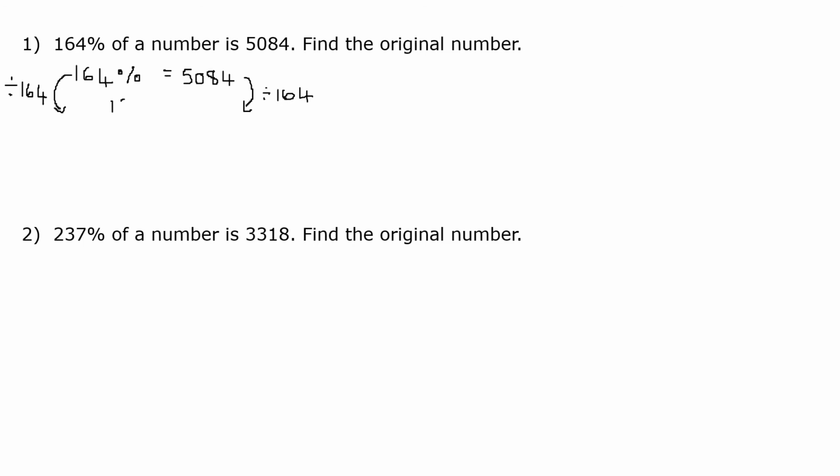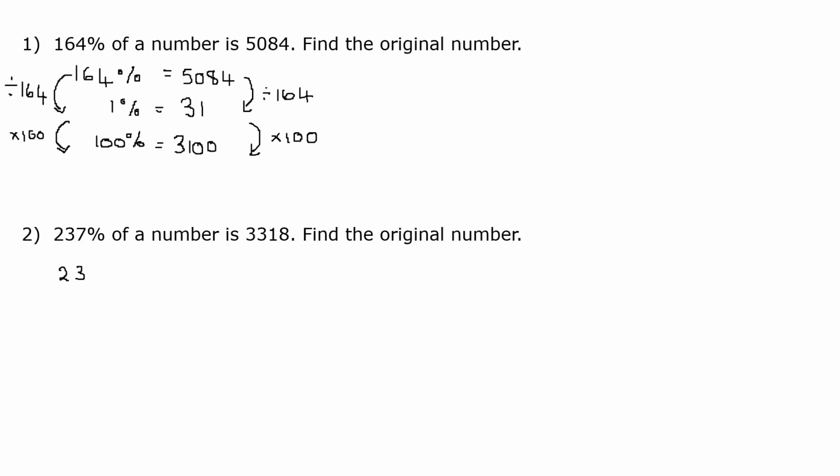That's going to give us 1% is equal to 31. And then we just need to scale this up. So again, multiply by 100 on both sides. And that will give us 100% is equal to 3,100.